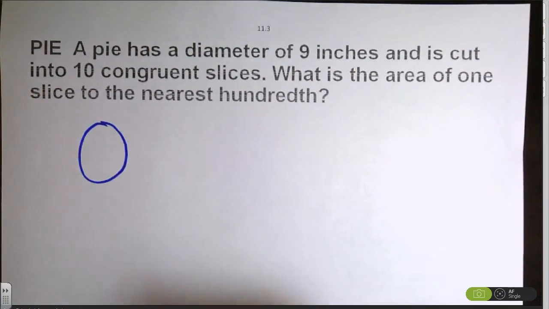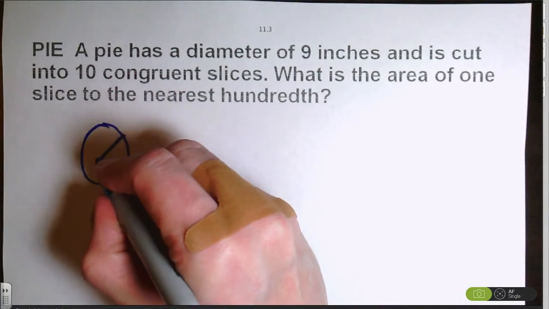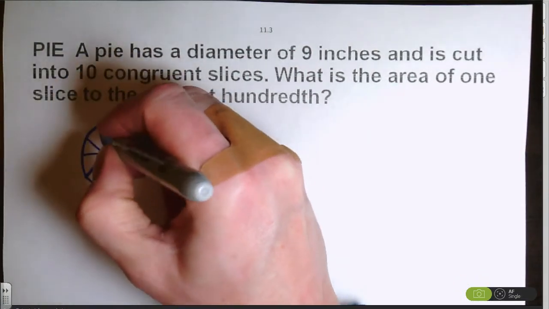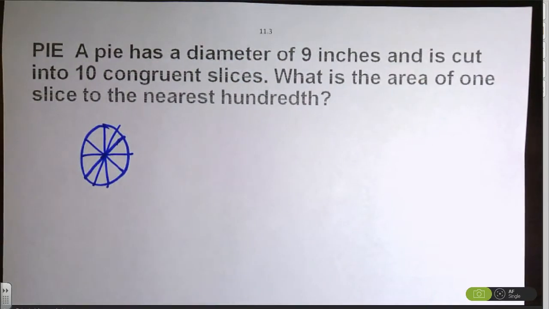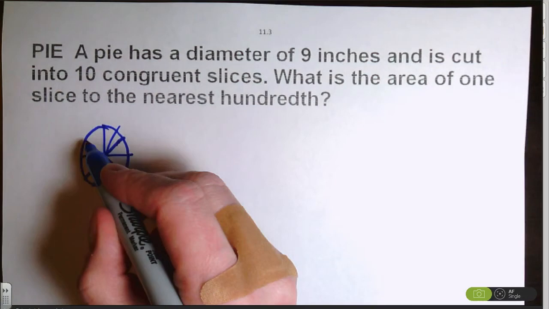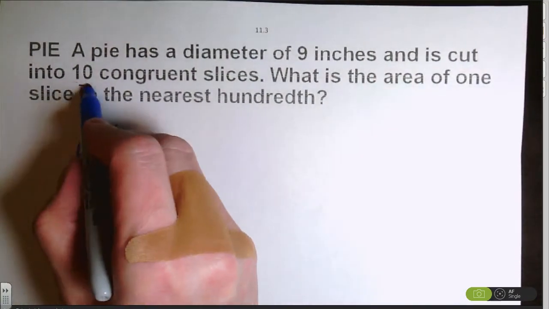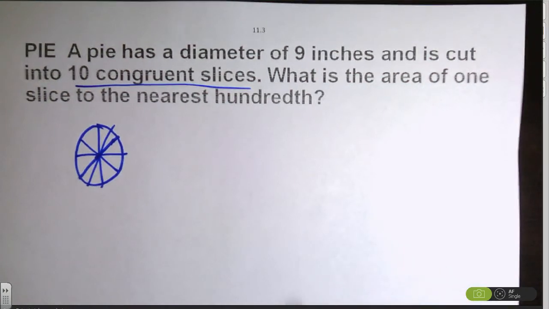What we have is a pie, so you have 10 slices in the pie. They're definitely not equal, but 1, 2, 3, 4, 5, 6, 7, 8, 9, 10. So 10 slices in the pie, and they're congruent. That's the key. So the question is, what is the area of one slice?